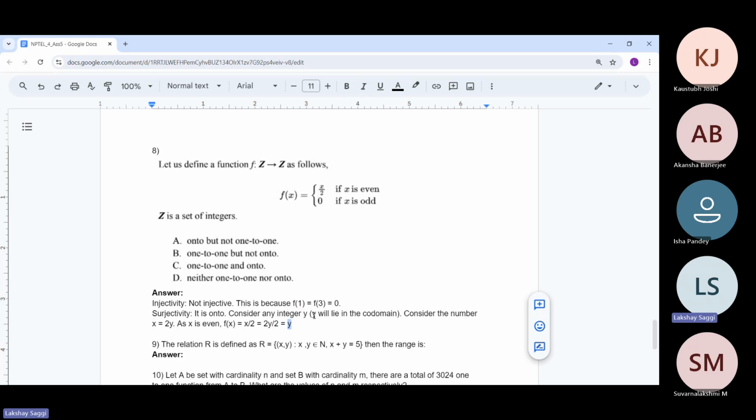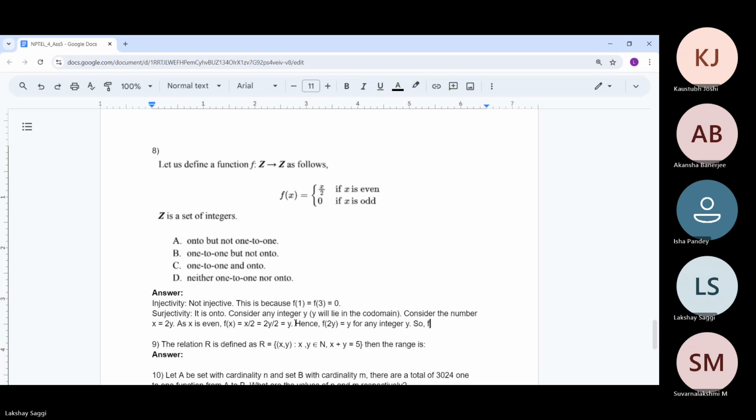So for any y, we obtain a number in the domain such that f of that number is actually equal to y. And so range will be actually equal to codomain here. And so this function is onto. Hence f of 2y is equal to y for any integer y.